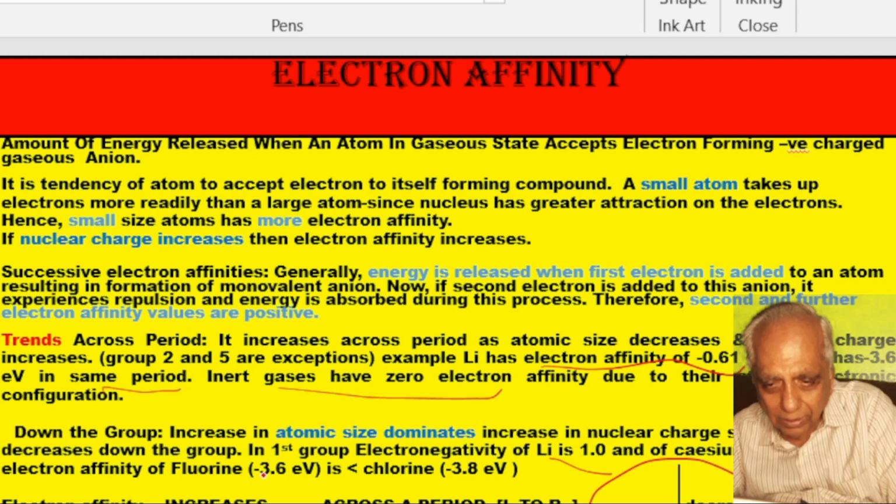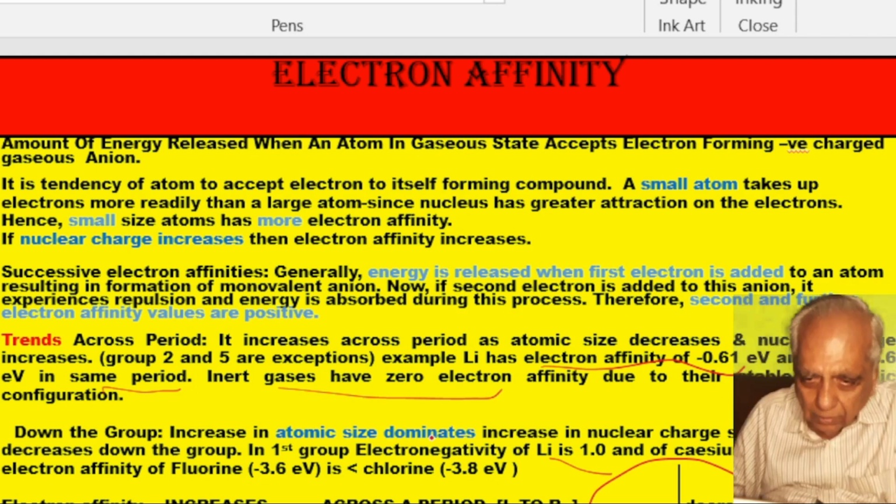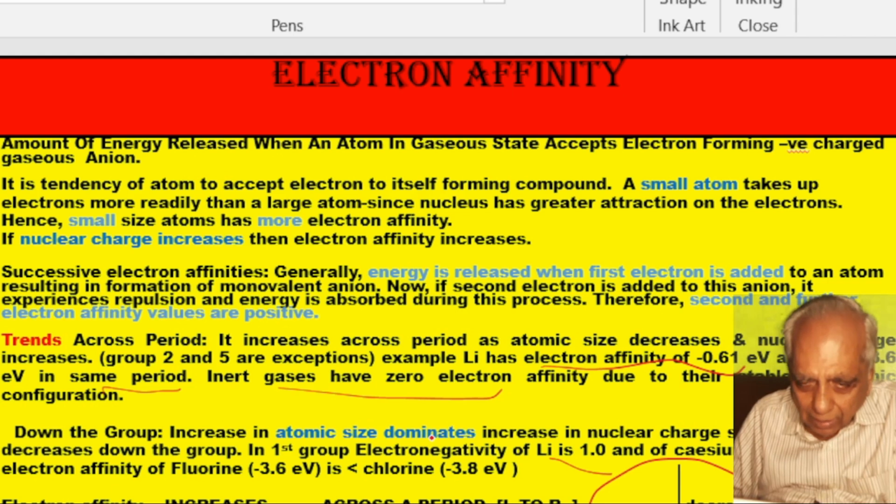You can think about this for a minute, because this is a very important point: electron affinity increases across a period because the size of the atoms becomes small, but nuclear charge increases. The net effect of these two is that electron affinity will increase, meaning more energy would be released when an electron is absorbed by an atom.